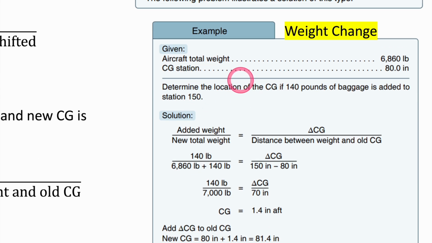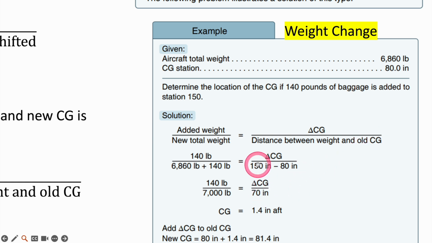A weight change, if we're removing or adding passenger or cargo, you take the added weight. In this case, we're adding 140 pounds of baggage to station 150. So 140 pounds divided by the new total weight, which was originally 6,860 plus 140. So 140 divided by 7,000 equals your center of gravity over the distance between the weight and the old center of gravity.